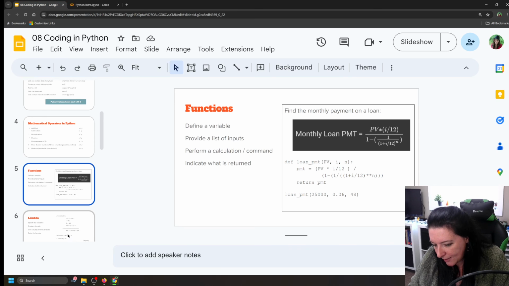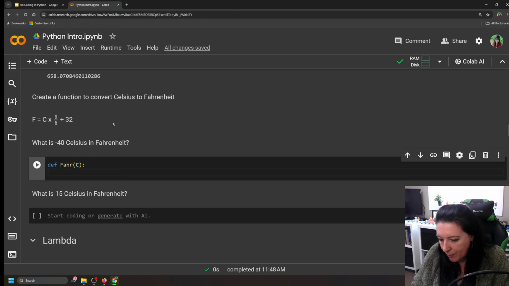So if we look here, how do you define? We have our define, we have the name, we have parentheses with whatever the input is, and then we have a colon. Then we have our calculation, then we tell it what to return. So let's go back, and we have that F is equal to C times, star, and then 9 divided by 5.